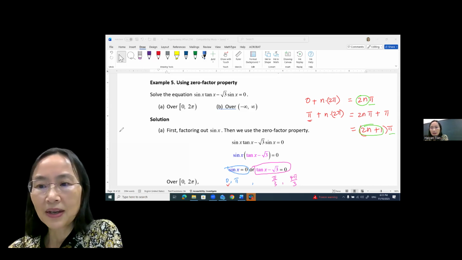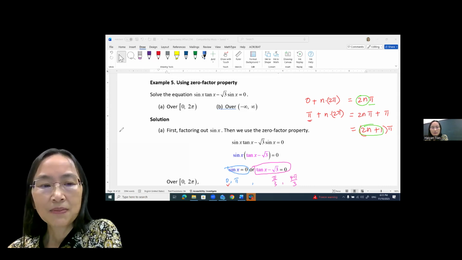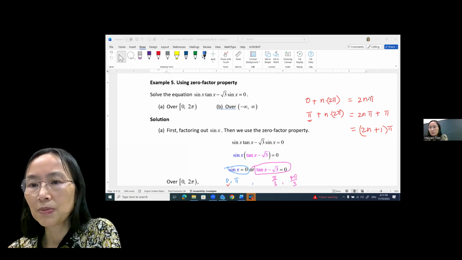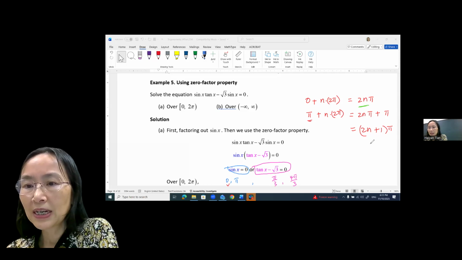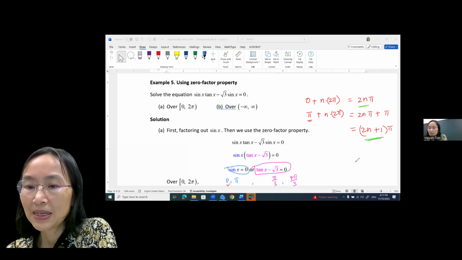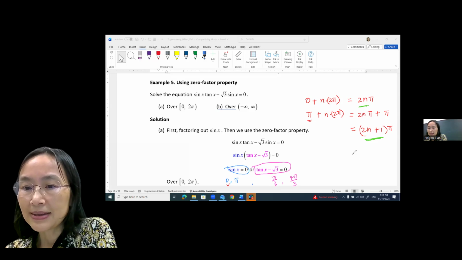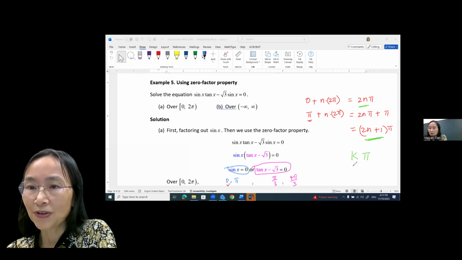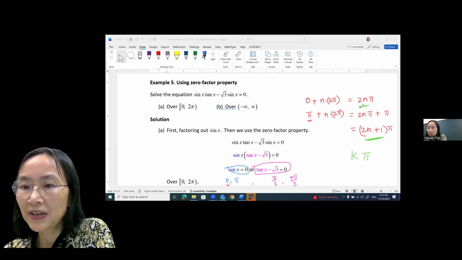So even together with odd can be written as just an integer multiple of pi. Together, the two cases mean I can simply write it as k times pi. K is an integer. It can be either even or odd.